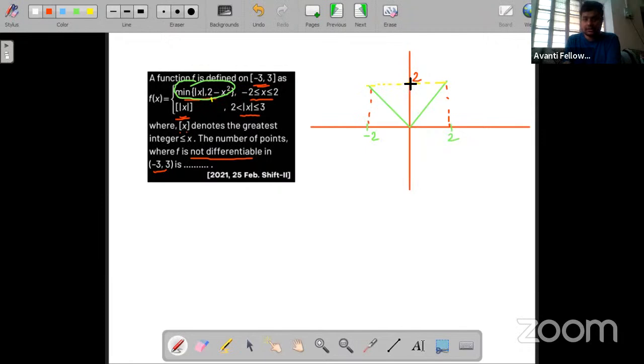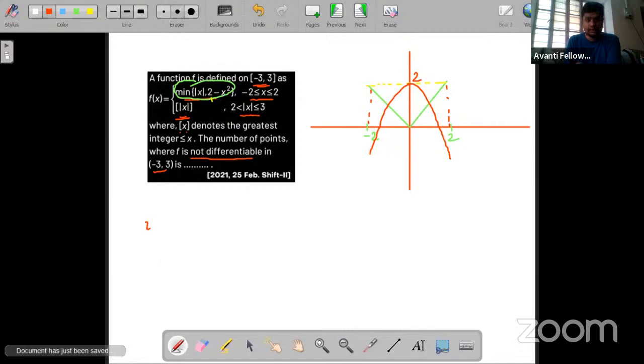Now 2 minus x square will be like this. Yes or no? We are shifting the minus x square graph 2 units above. So the maximum value was 0 for minus x square, so adding 2 the maximum value will be 2. Now check at x equal to minus 2, what will be the value?